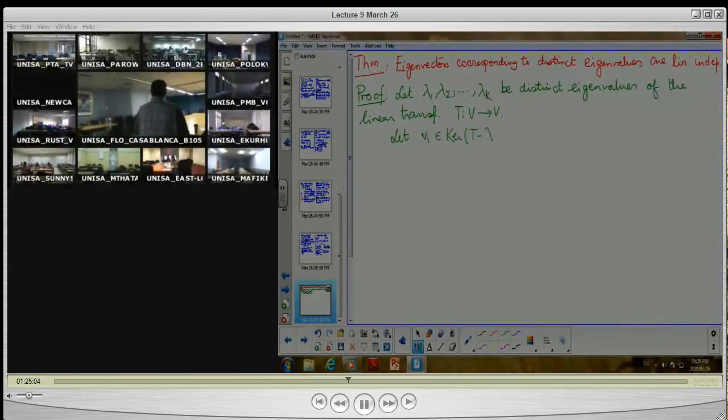So these are the eigenvalues. Vi is the eigenvector corresponding to lambda i.